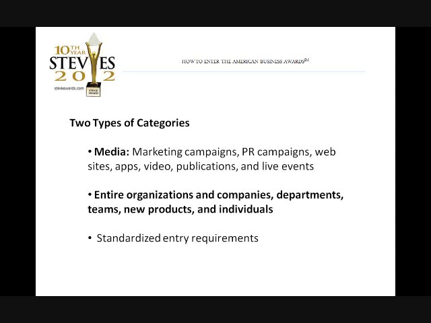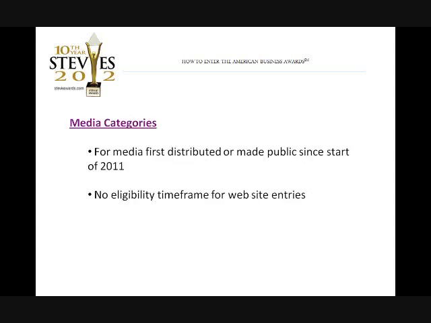And then there are other categories recognizing entire organizations and companies, departments, teams, new products and services, and individuals. There are functional categories for marketing, for customer service, for human resources and IT, for example. And we've standardized the entry requirements across all of the categories. So once you learn how to enter one category, you know how to enter all the other categories.